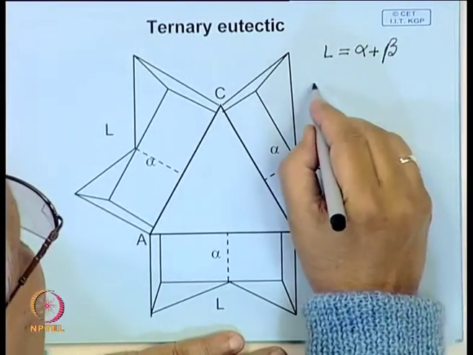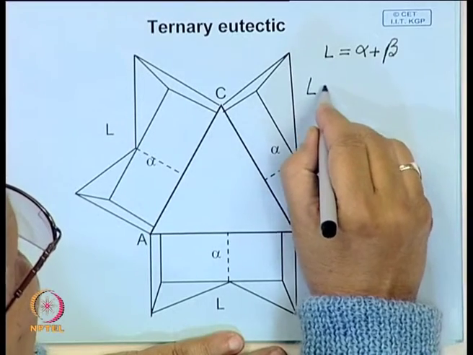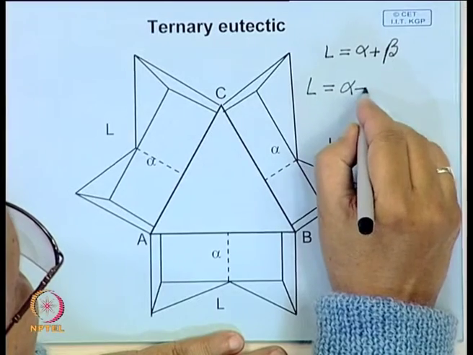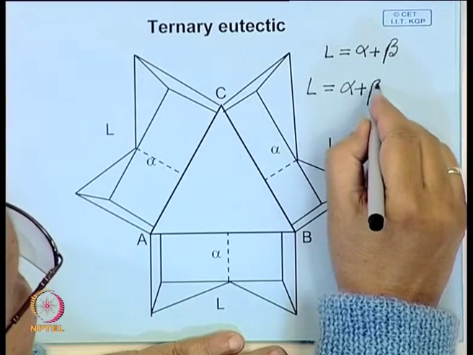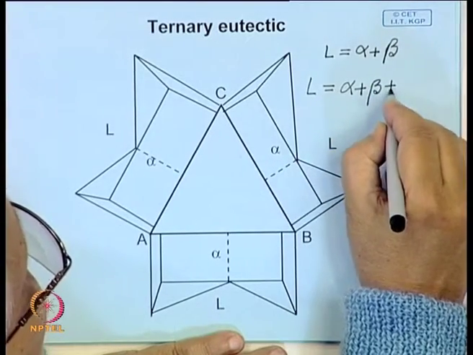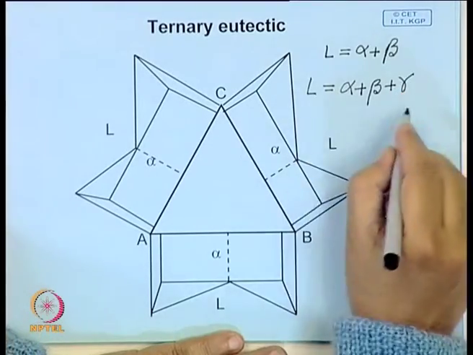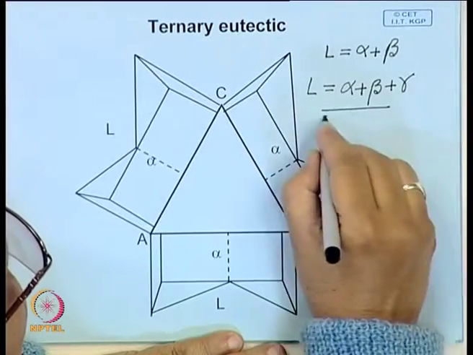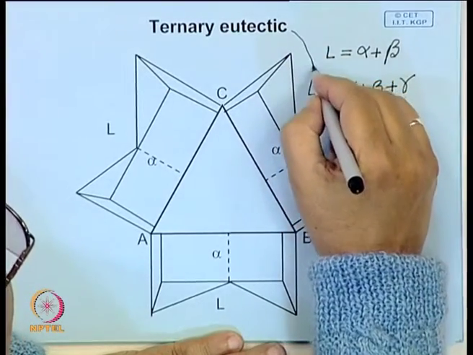In the case of a ternary eutectic, a liquid of a particular composition will decompose at the same temperature into a mixture of three solids. This is the ternary eutectic.